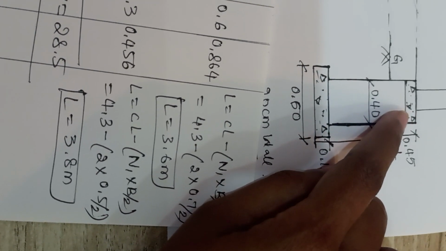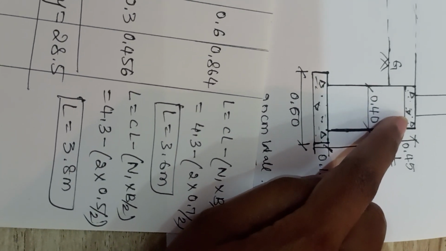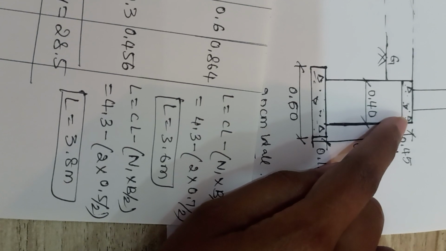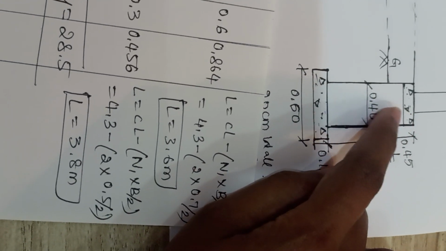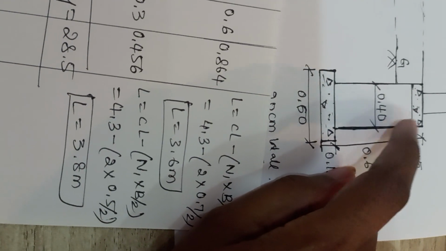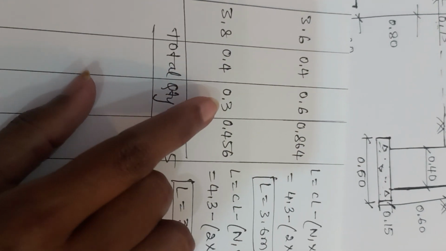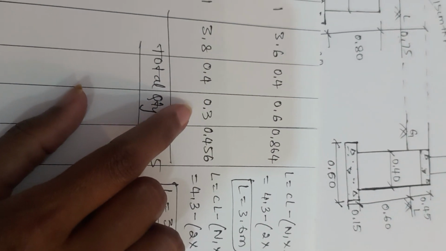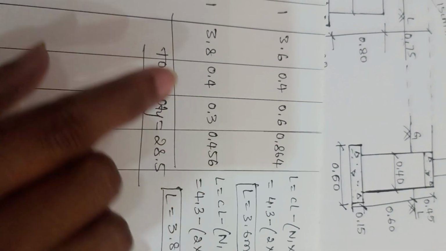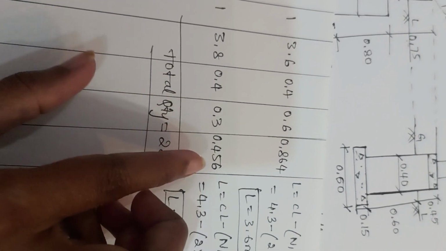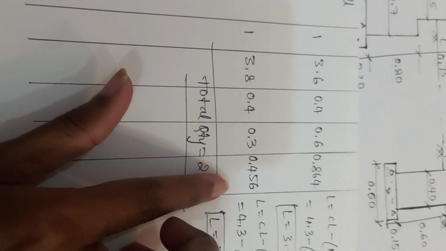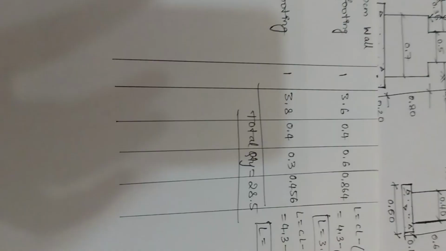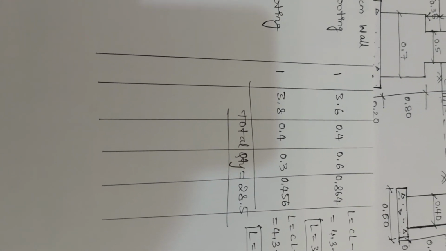This thickness is same for both the wall thicknesses. Here you are having PCC thickness of 0.15. If you subtract 0.45 with 0.15, the remaining will be 0.3. So 0.3 will be the left out depth of your SSM. Multiply the entire thing, you will get a reading of 0.456, and that is how we will be finding the quantities of different footing details.